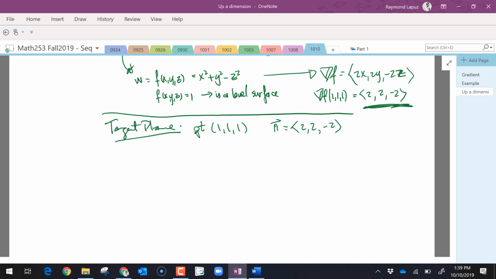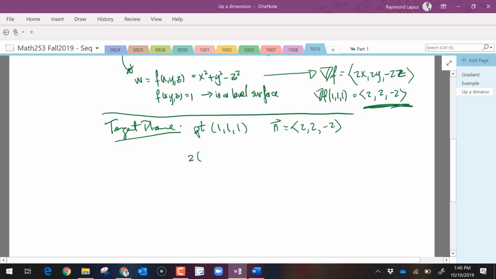I should be able to find an equation of a plane. So remember how to find an equation of a plane? I like to do it using x minus x naught, or some of you might like to do it with z's. So there's two ways to do it. I'm going to do it by using the normal dotted with x minus x naught, y minus y naught.